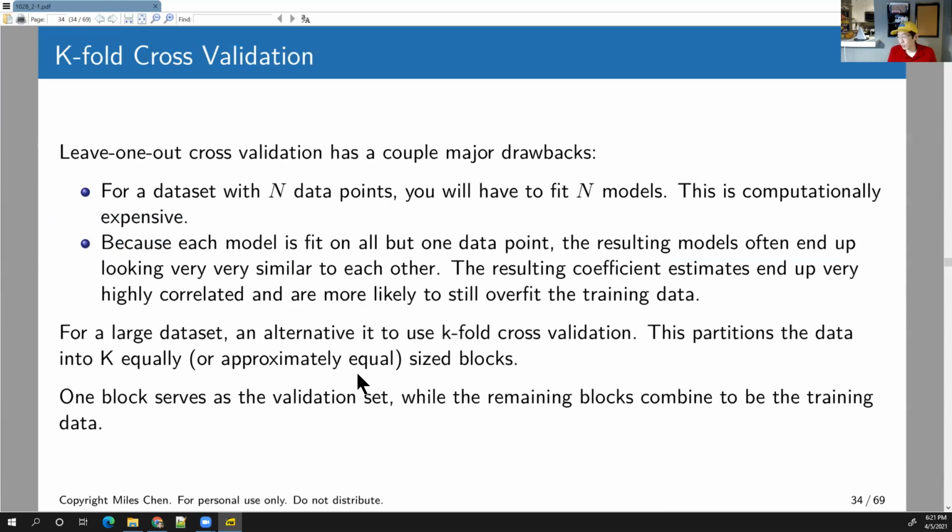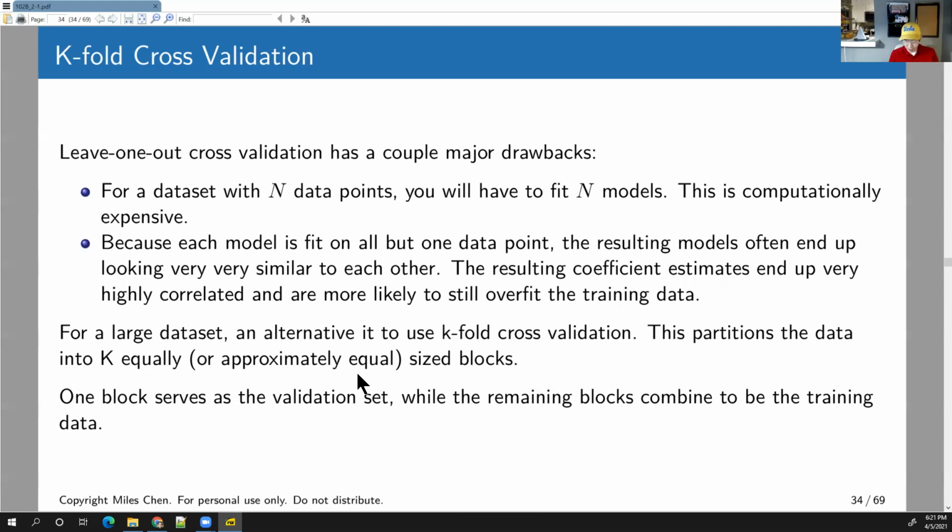You can also run into problems because the training set almost always looks like every other training set, since there's basically only one or two observations that are different from one training set to another. So if variable collinearity and things like that are an issue, the cross-validation values can exhibit some instability.